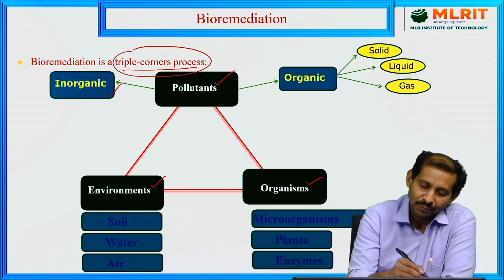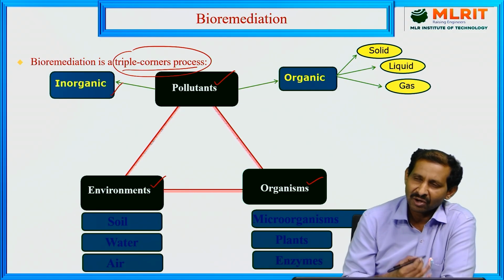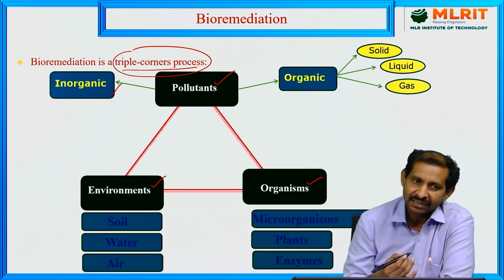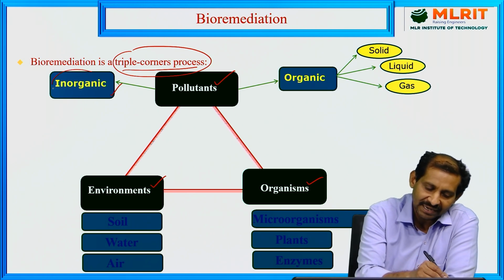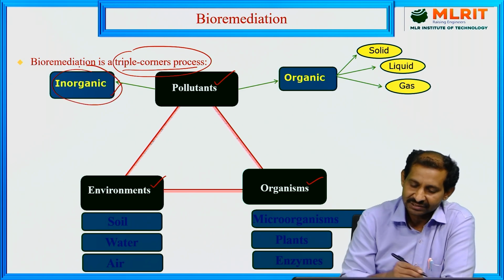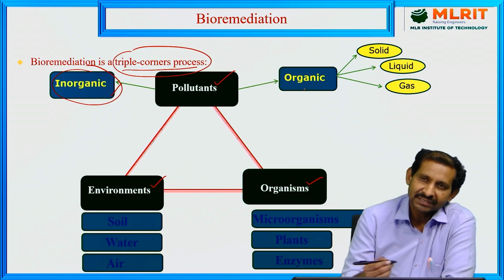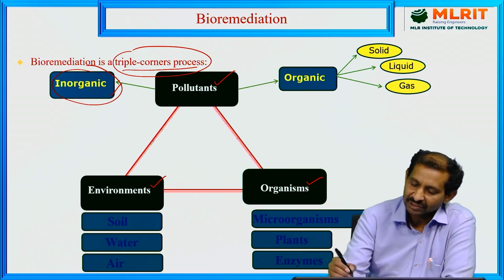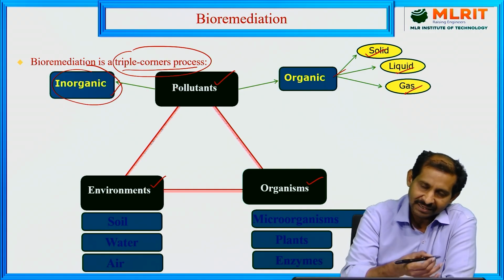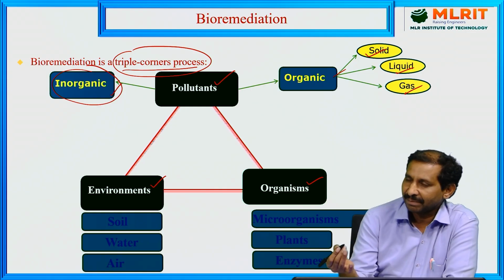Either inorganic pollutants like salts, metals, metal salts and heavy metals, or organic pollutants, which means carbon and hydrogen, heavy molecular weight compounds, classified as solids, liquids and gases.